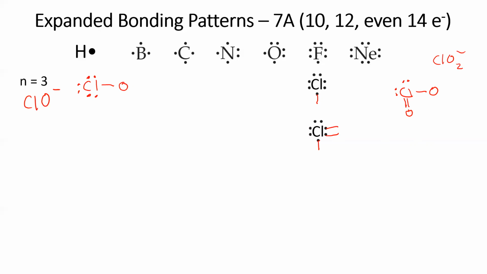Right? So now we're going in multiples of 2, right? So 1 bond. This is 3 bonds. What do you think the next one's going to be? It's going to be 5 bonds: 1, 2, 3, 4, 5, and 1 lone pair, of course. So what does that mean? Well, where might we see that?